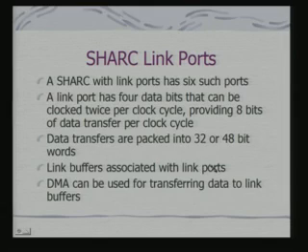Typically, such a facility is provided on one DSP processor that we studied earlier, that is SHARC. SHARC has link ports. It is not that all SHARC processors will have link ports. Particular variants do have link ports, and if they have, they can have even 6 such ports.